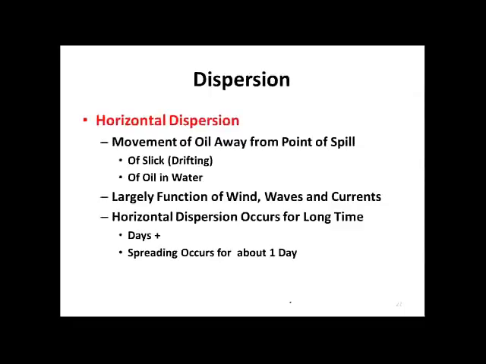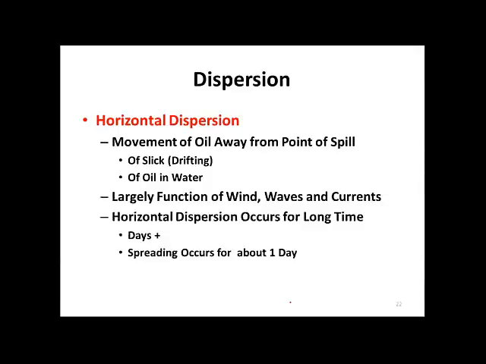Okay, so here we go with dispersion, all right? There are two types of dispersion. One of them is horizontal dispersion. In other words, it moves in this direction, horizontally. With oil, horizontal dispersion is the movement of the oil away from the point of spill, okay?